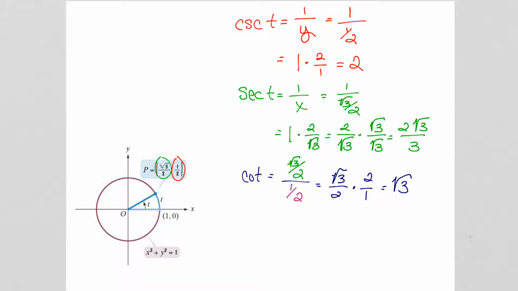So those are the 6 trigonometric functions at that particular point. And pretty soon you'll find out what that point is, or what the angle is, and whatever t is, we'll find the actual values of that function at that angle.